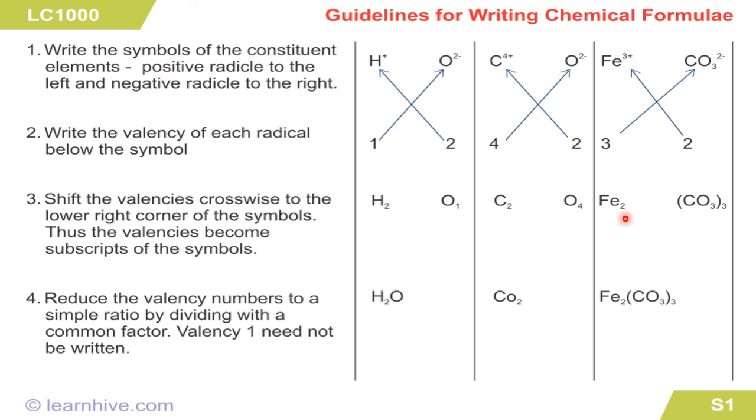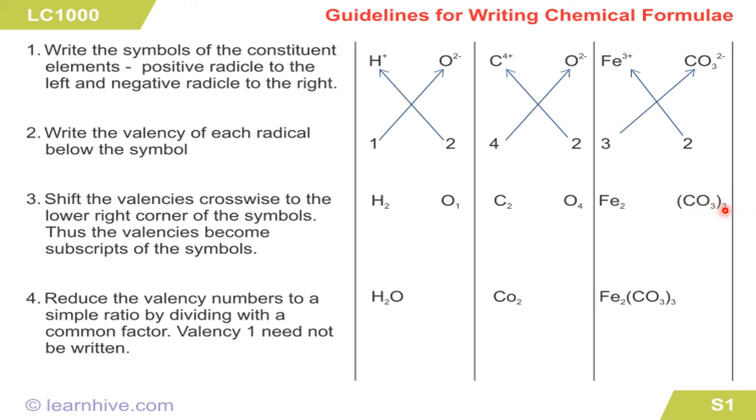If it is diatomic, triatomic, or polyatomic, to avoid confusion we have to write the bracket. Why? Because this 3 belongs to the entire CO3 unit, for both carbon and all the oxygens. To show the belongingness of 3 to the entire unit, we put the bracket.